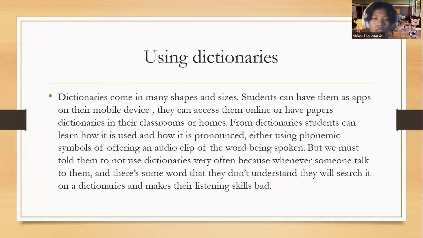So instead of replying, they search it first on the dictionary. While they're searching, the foreigner keeps talking to them, like, what is this place, or how to go to this place, and your students cannot catch what they say, and that makes their listening skills bad.